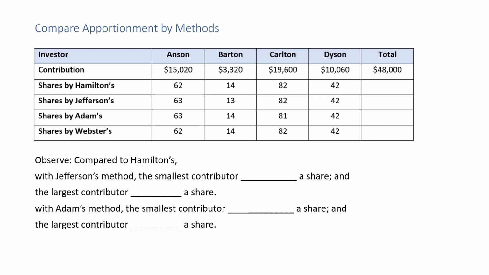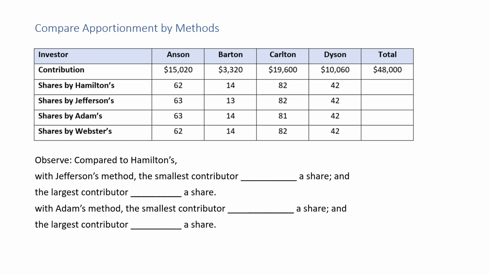Barton, the lowest contributor, was 14 with Hamilton, went down with Jefferson, and 14 with both Adams and Webster's. Carleton, the biggest contributor, 82 with Hamilton's, 82 with Jefferson, 81 with Adams, 82 with Webster's, and Dyson, regardless, stayed the same.